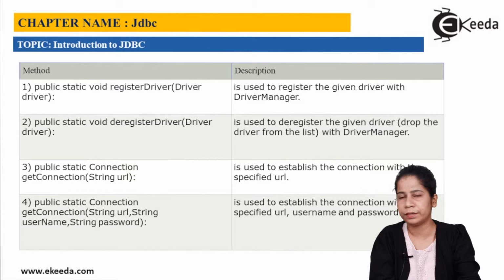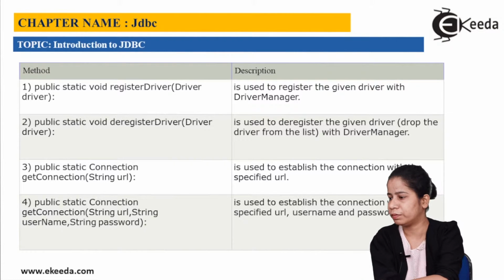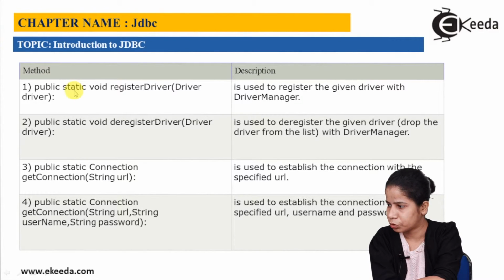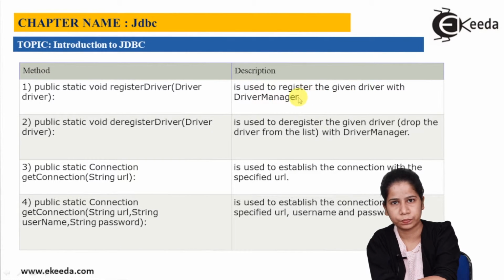So let's understand the different methods given by driver manager. The first method is public static void registerDriver, and it takes a Driver as an argument. It is used to register the given driver with the driver manager.